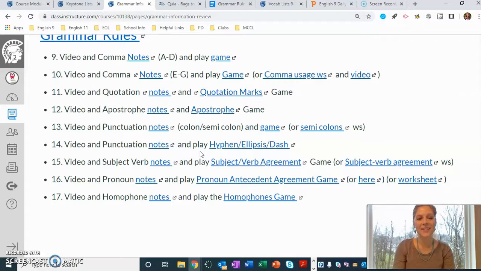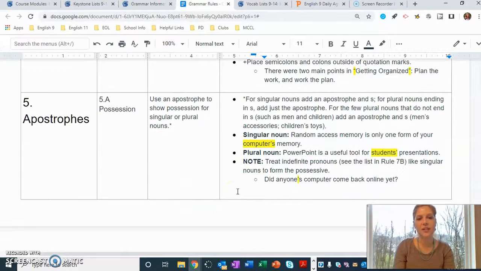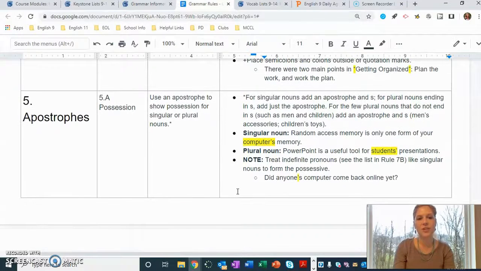Alright, up next we have apostrophes. So the deal with apostrophes is, first of all, you use them to show possession for singular or plural nouns. For singular ones, you do apostrophe and then an S. For plural ones that already end in S, you just add the apostrophe.